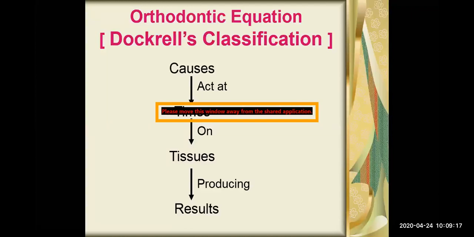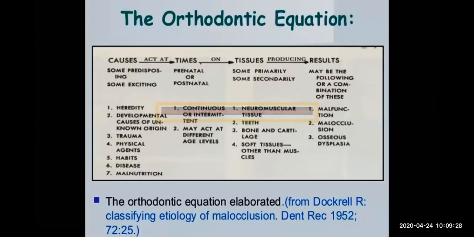The causes act at times on tissues producing the results. This is also called the orthodontic equation. You can see here, most of the things whichever you see in your textbooks, everything is evidence-based. So wherever possible in your theory papers, you should be able to put down the correct terminology.